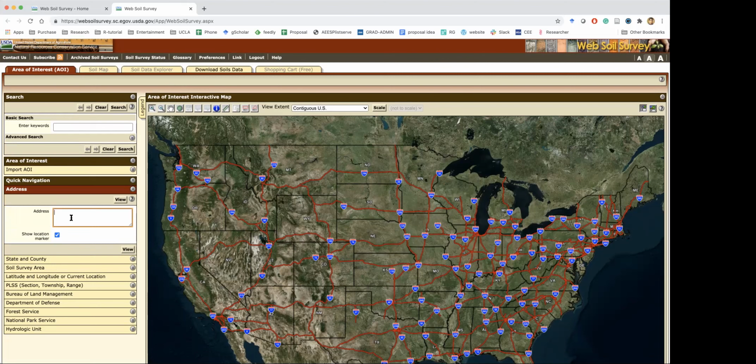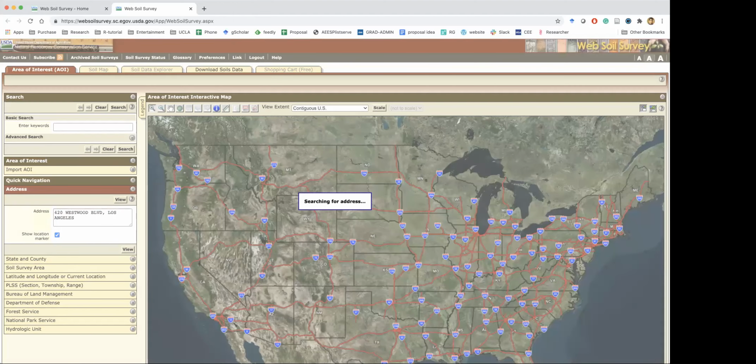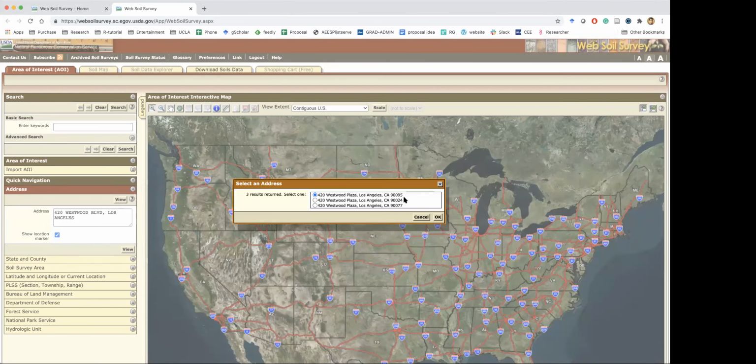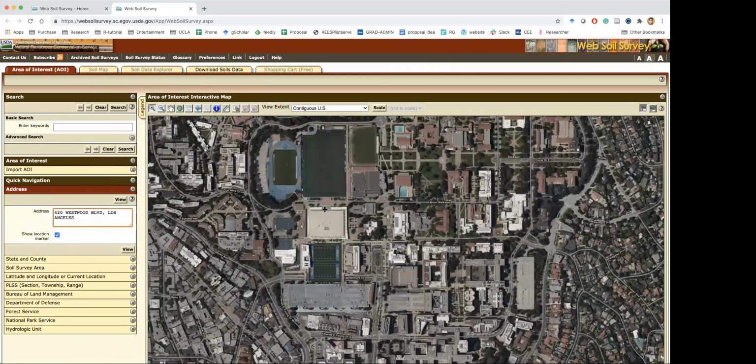Let's say 420 Westwood and Los Angeles. Let's say your site is there. It gives you some selected sites, they are both the same, so I'm just going there. So you see the Los Angeles UCLA map.